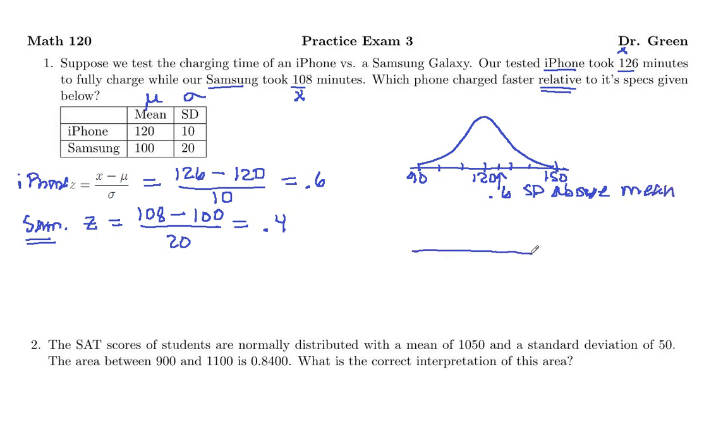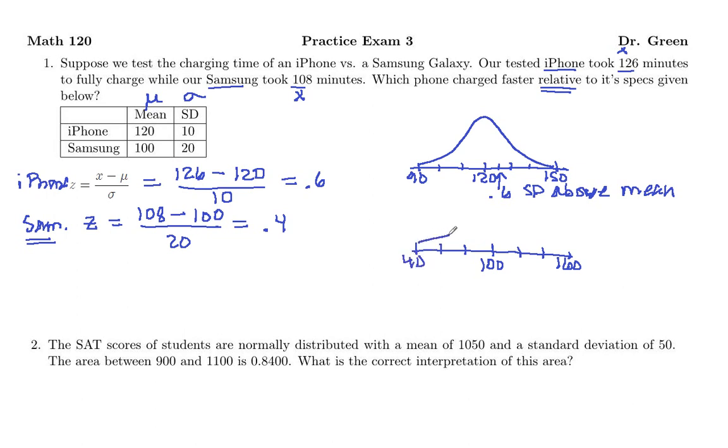For the Samsung, in the middle is going to be our 100. 1, 2, 3 standard deviations to the right. Each standard deviation is 20. So 120, 140, 160, and then this will be 80, 60, 40.